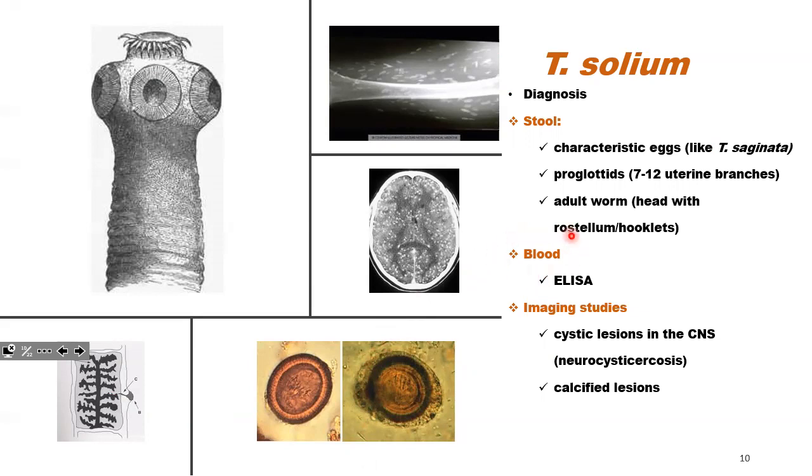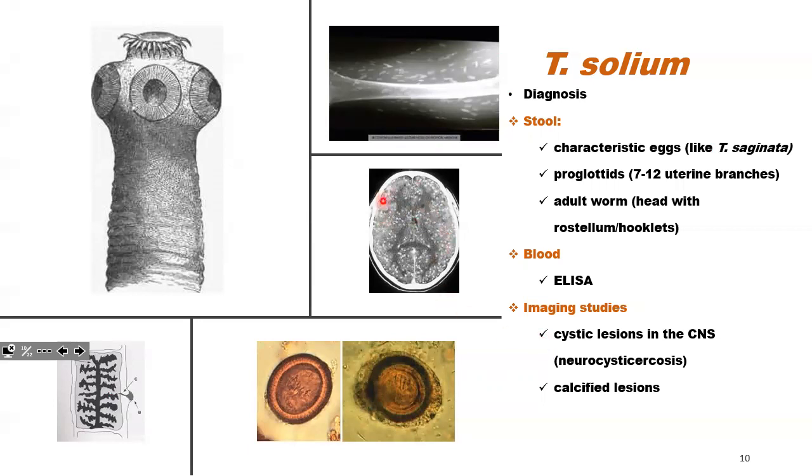You can also send in blood for serology because you can have these extraintestinal infections. The larval form has antigens that the body can respond to. Imaging studies may also help. For example, I told you if the patient is an adult and the person is presenting for the first time in his or her life with seizure disorder, you may want to rule out cysticercosis.